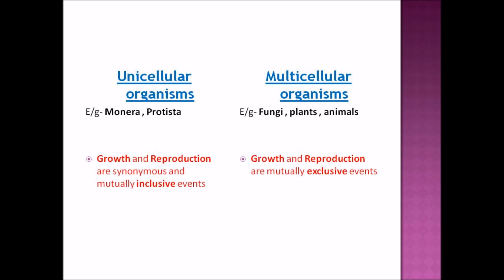Because in a unicellular organism, growth of the cell will ultimately result in splitting of the cell into two identical daughter cells, which is by a process called binary fission. Hence, growth and reproduction are mutually inclusive.